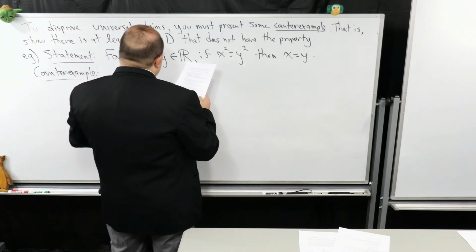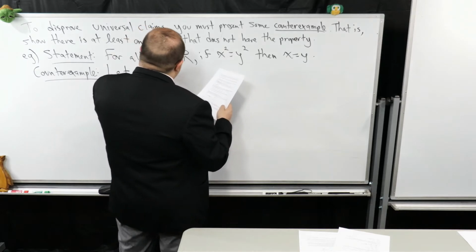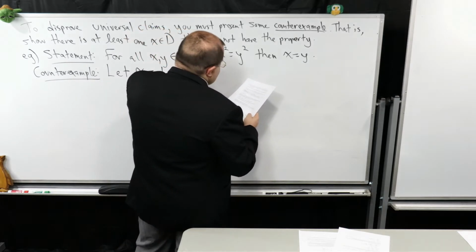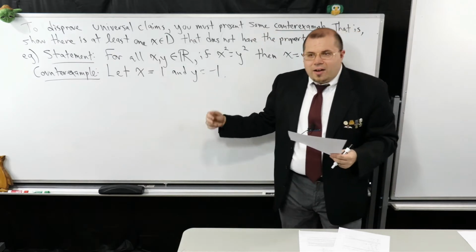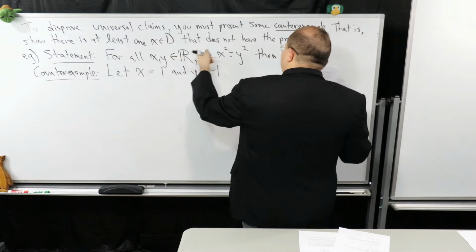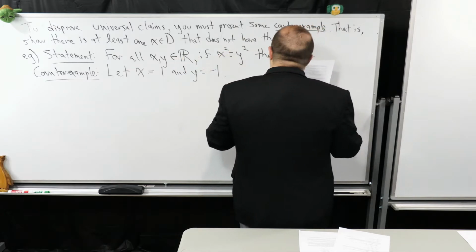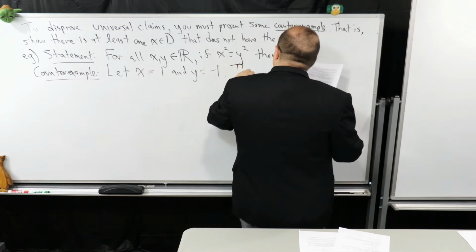Same idea here. So I'm going to let x be equal to 1 and y equal to -1. So this is going to be an instance of my counterexample. So these are x and y in the claim, and I'm going to check that these work to refute the claim.